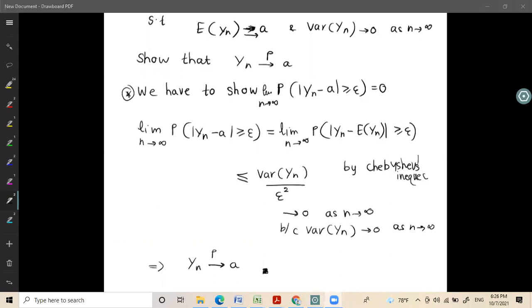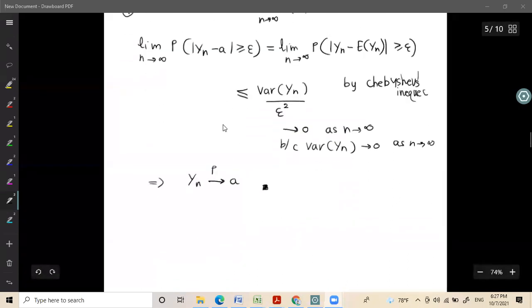Okay, so we have a question: can't we use the Markov inequality? What is the Markov inequality? Let's write it down so everybody can see it.